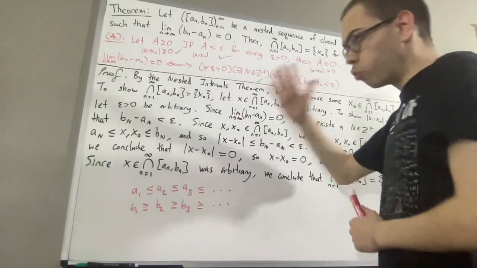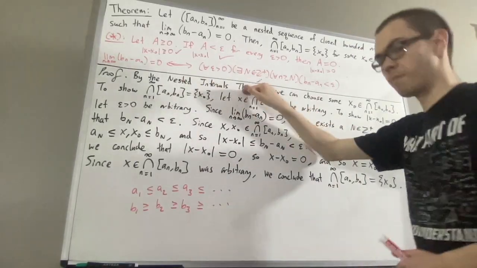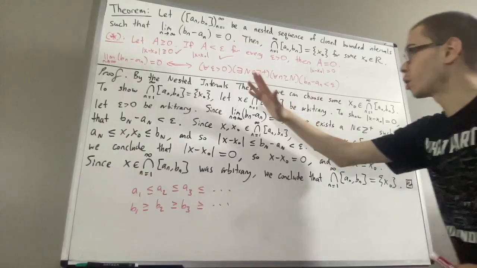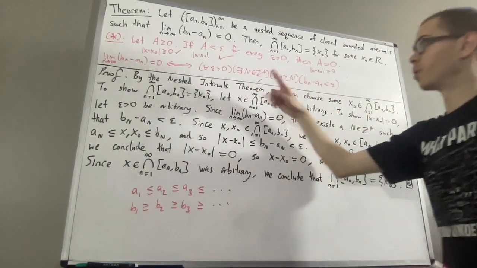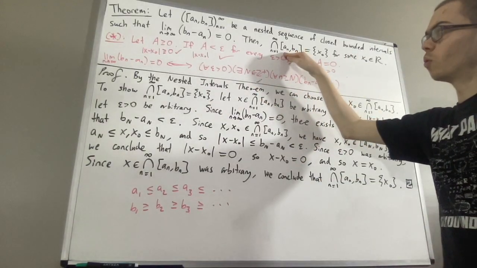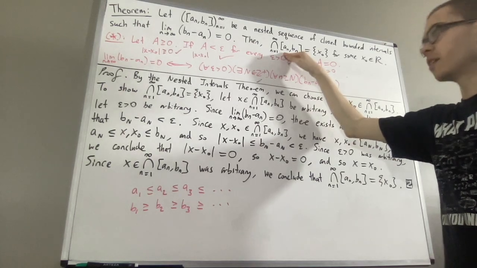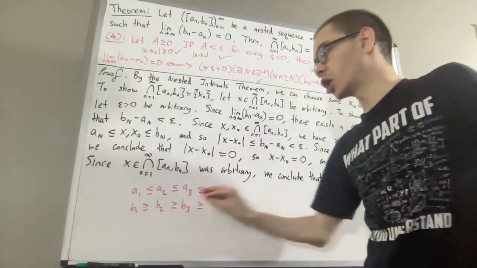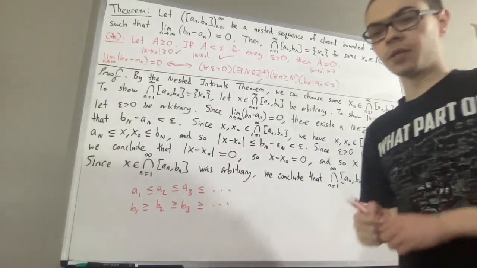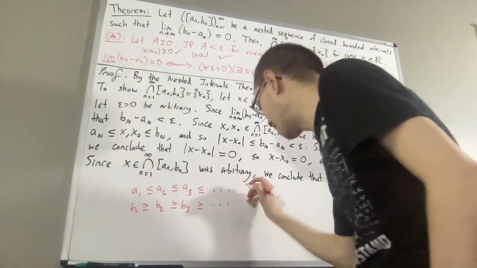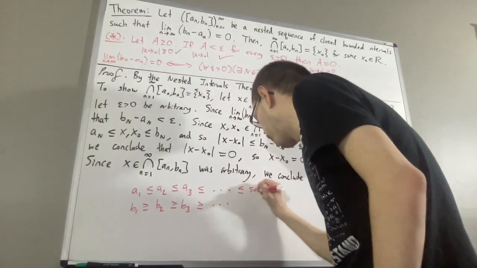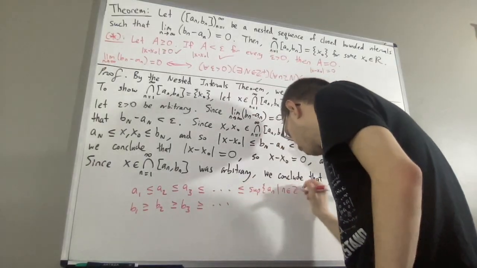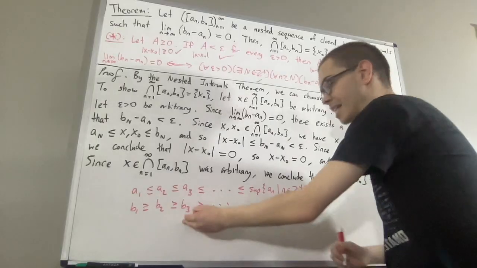Now, when we proved the nested intervals theorem, when we proved that there is at least one real number in the intersection, we ended up showing that the collection of the ANs is bounded above, the collection of the BNs is bounded below. So the collection of the ANs has a supremum. The collection of the BNs has an infimum.